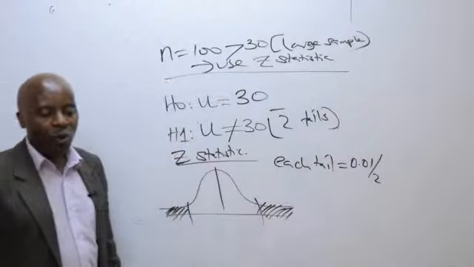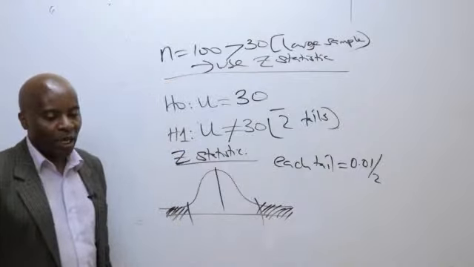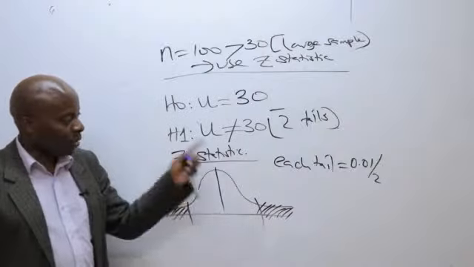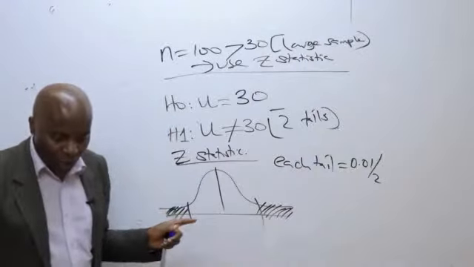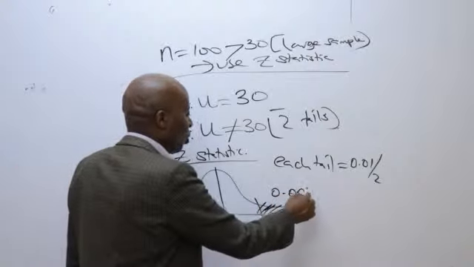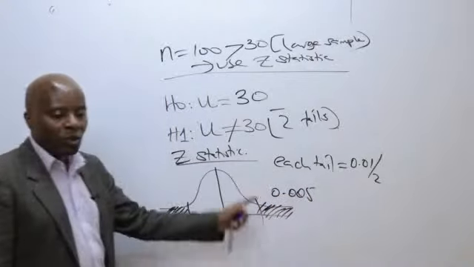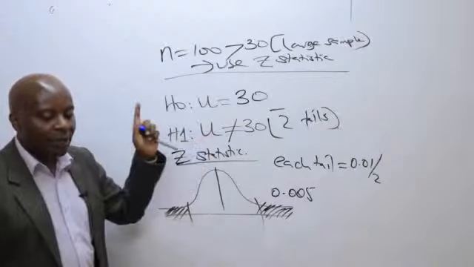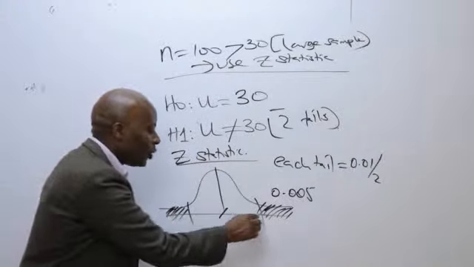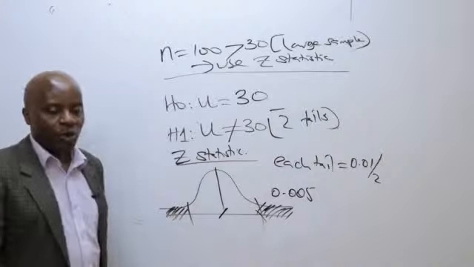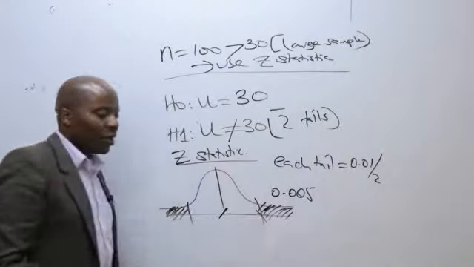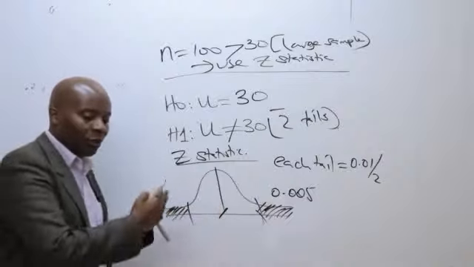So 0.01 divided by 2, what does this give you? You have to be careful. 0.01 divided by 2 gives me 0.005. Once you give me this, I'll be able to rush to my area, because of the table that the examiner gives us, which is normally shaded from here to here. So how do I get this unshaded area on one side?